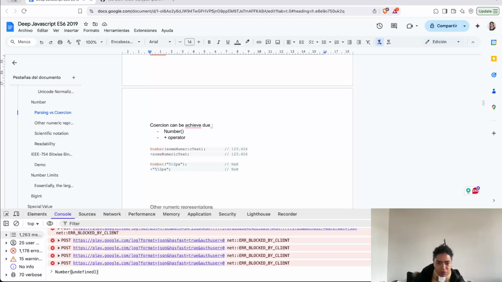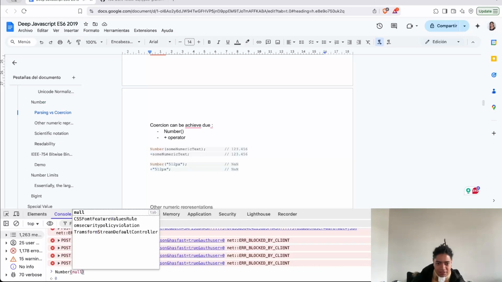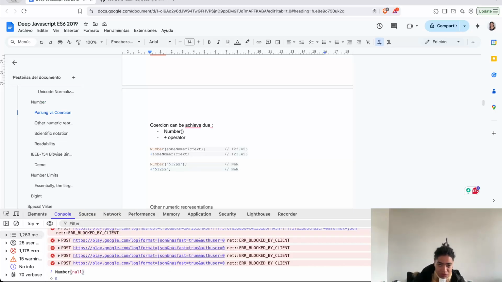Good. But if I pass you undefined, how are you going to parse that? As not a number. And if you pass null as 0, so the behavior is not consistent. All right. Holy moly. What if I pass you an object? Well, it's going to give you another number, which is good.